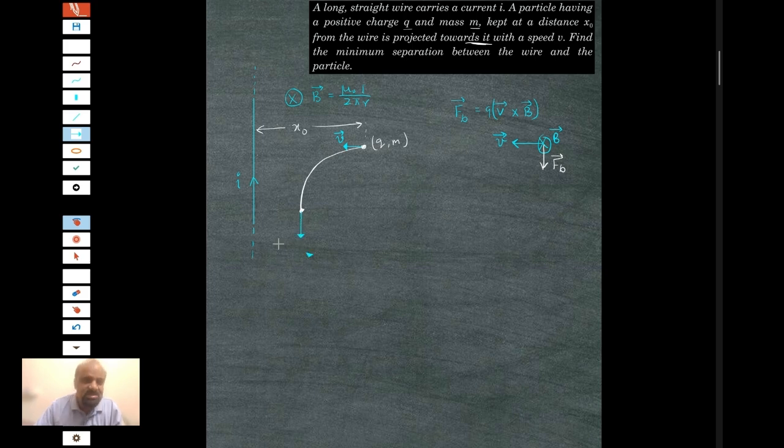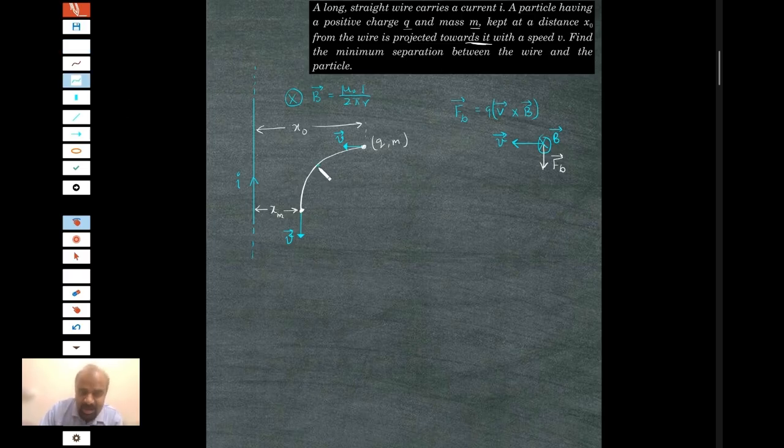Why? Because only in this case does this velocity not have any component in this direction. That means whatever the separation is between the wire and the particle right now, that has to be the minimum separation. I'm going to call it x m. So you have to find the value of this x m. So how to go about it? We have to consider a general time.